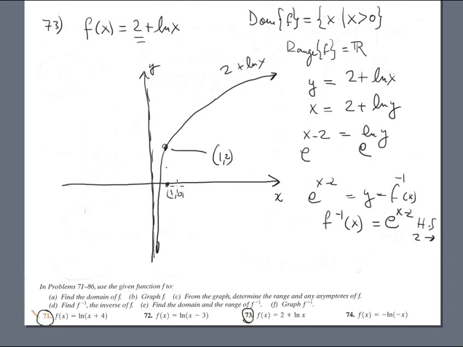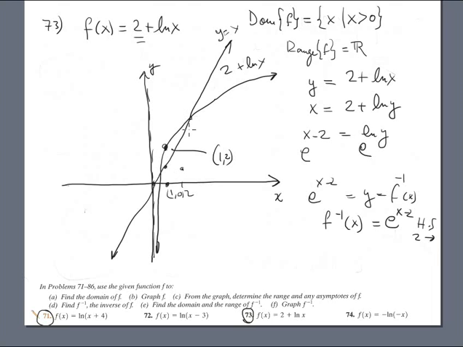So this point, normally 1,2, would be 2,1. So it's 2 here and 1 here. And the identity line is this and this. The identity line looks like that. This is y equal x, and this point is symmetric.